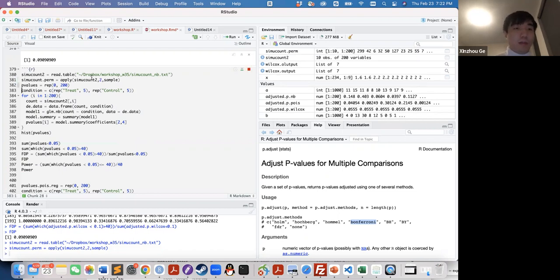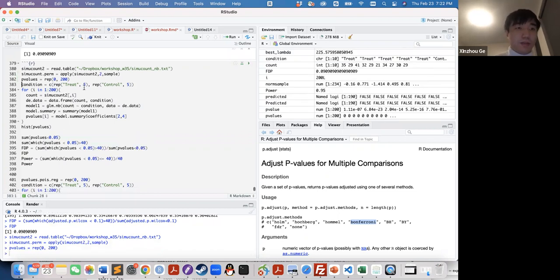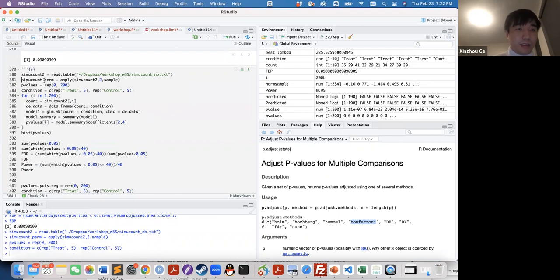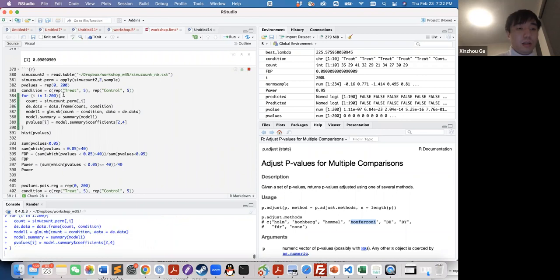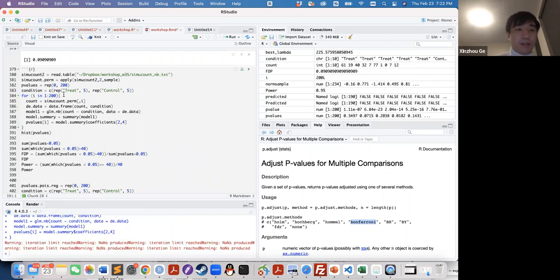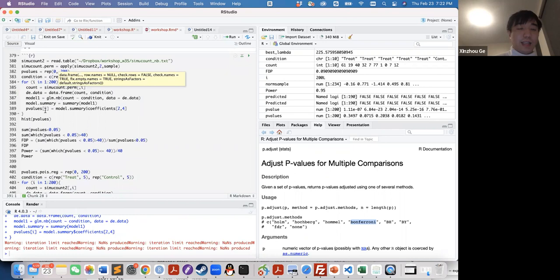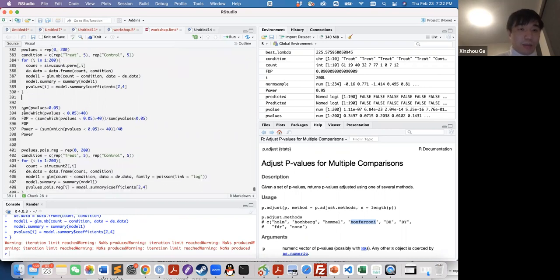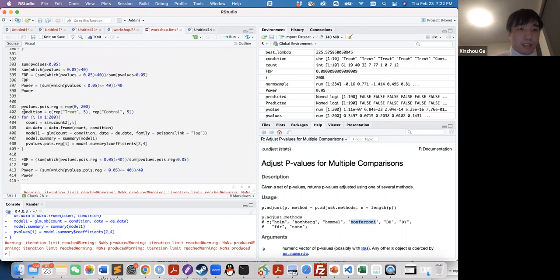And then we repeat all the analysis above, and we calculate the p-values for each of the genes, and then we can use the BH procedure to control the false discovery.